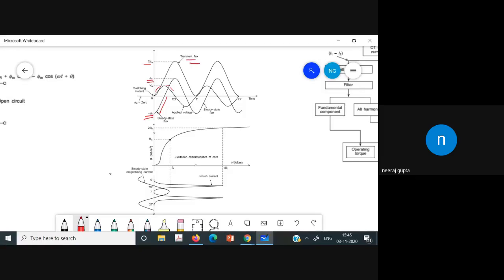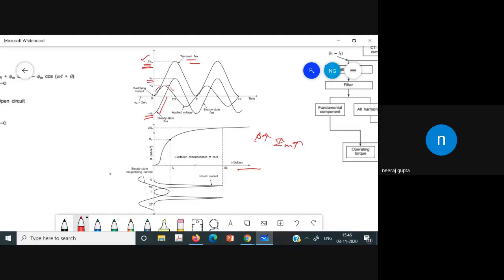So a large flux is required, that is 2 times the maximum flux, and this large value of the flux drives the transformer into the saturation region. Because if the flux is increased, then the magnetizing current that is required is also increased.